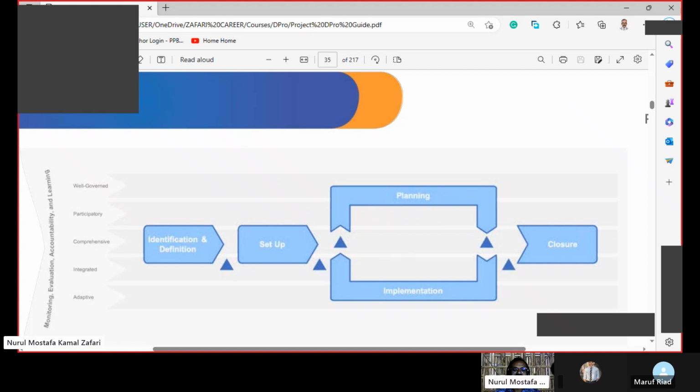Now, that is the thing we need to keep in mind: the project DPro principles are the cornerstone of managing projects using the Project DPro guide, and these principles will keep us on track in terms of managing the project with quality, standard, quantity, and other things.